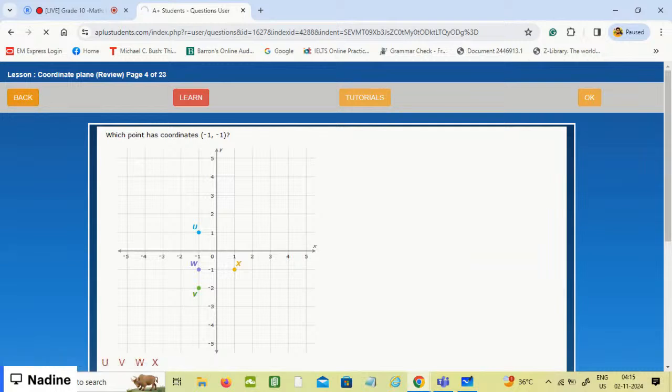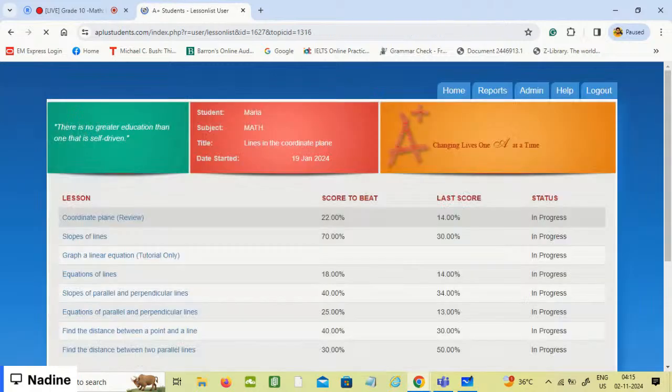Let's just move on to next lesson. The next lesson is slope of lines.